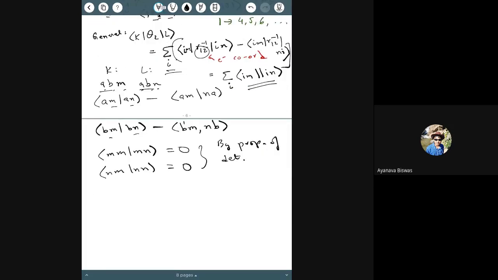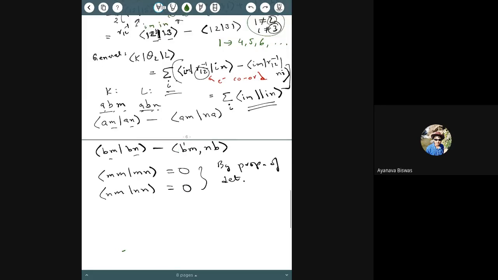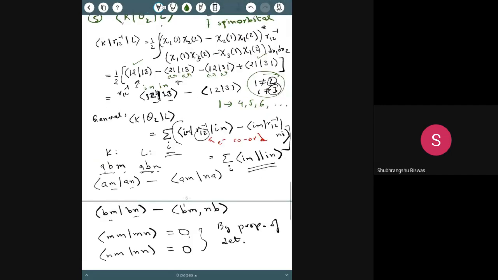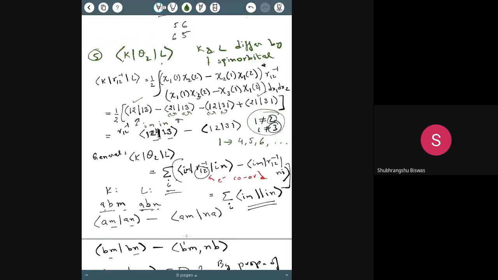There's one more last Slater's rule. So this was number five, I believe. Just to be clear, in the fifth Slater rule, you wrote the expression K R1 to inverse L in the bracket notation, and you wrote the second line, that is 1213 sandwiched or 2113 sandwiched, etc. You only used the notation.